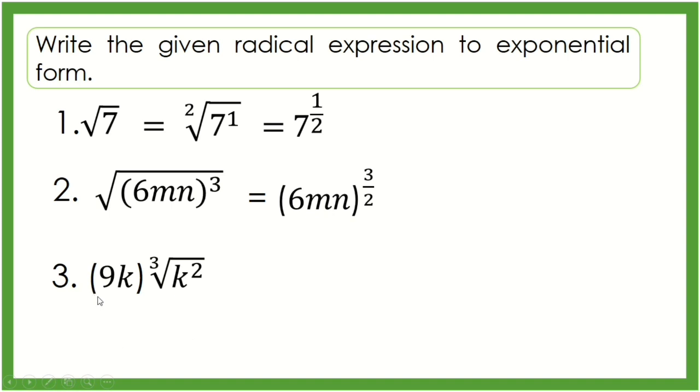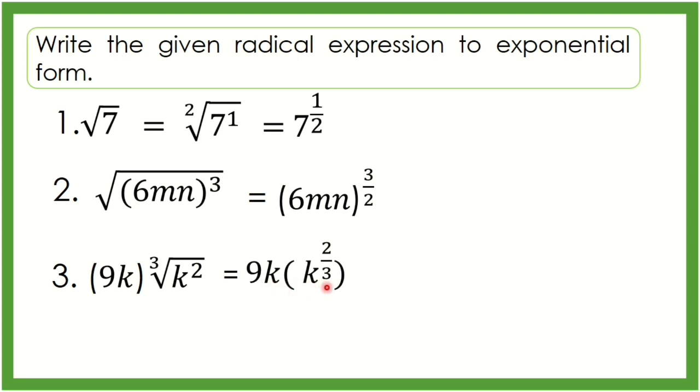Number 3, we have the quantity of 9 times k times the cube root of k squared. So, ang meron tayong radical ay itong expression na to. So, kokopyahin lang natin yung 9k. So, yung exponent na 2, siya yung magiging numerator. Yung index, siya yung magiging denominator. So, we have 9k times k raised to 2/3. Okay, so meron pa tayo ditong k. The same ang base, pwede natin itong i-simplify.